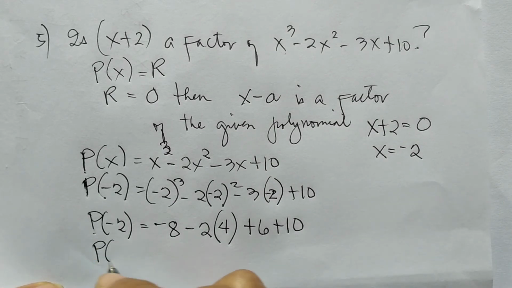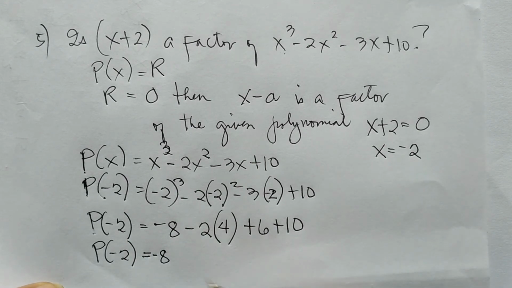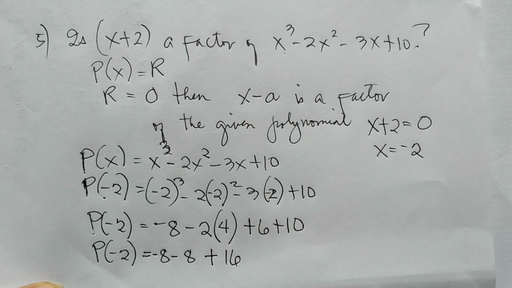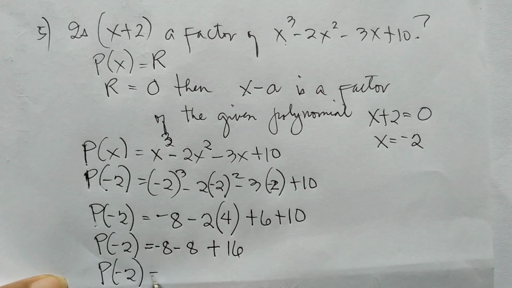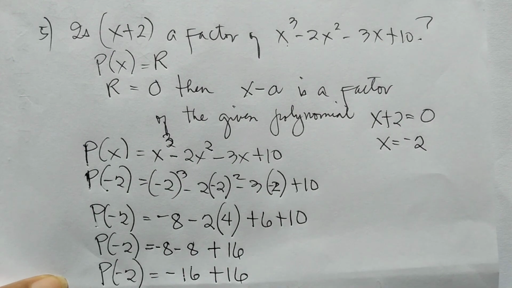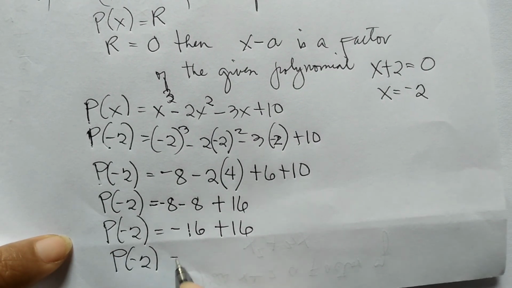So we have p of negative 2 is negative 8, plus 16. So that is p of negative 2 is equal to negative 16 plus 16. That is p of negative 2 is equal to 0.